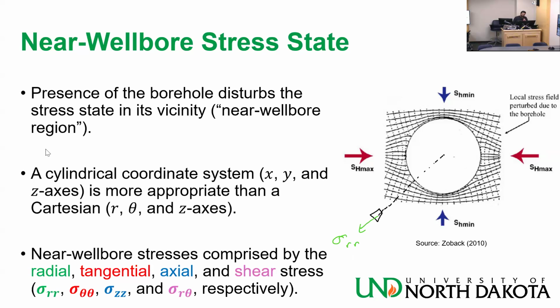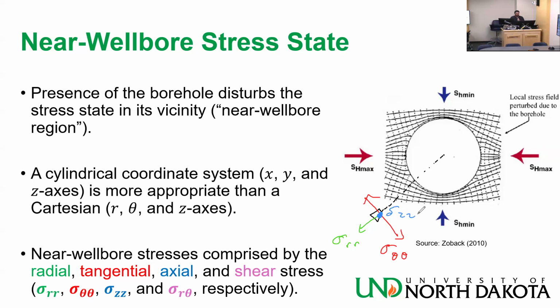Then I go orthogonal to that with a red arrow, and I call that sigma theta theta. This is the tangential stress, also known as hoop or circumferential stress. That's perpendicular to the radial stress, and the radial stress is as if you are extending the radius from the center of the wellbore. Then, along the wellbore length, I use a red dot to indicate something that goes into the plane of the screen.